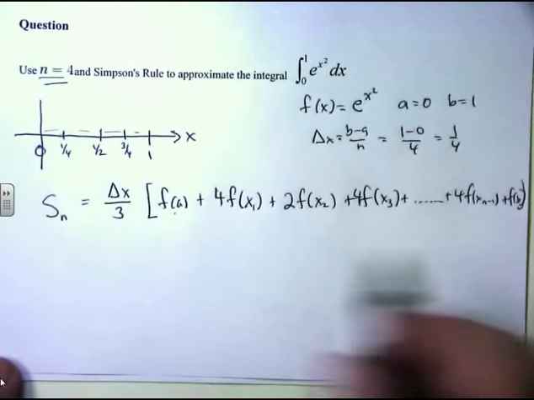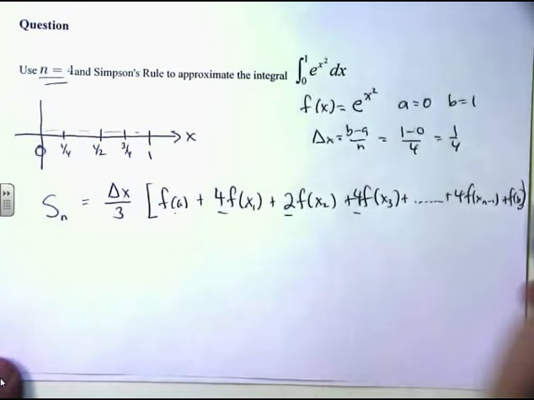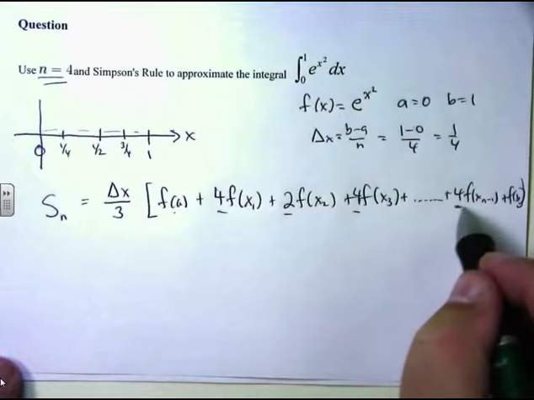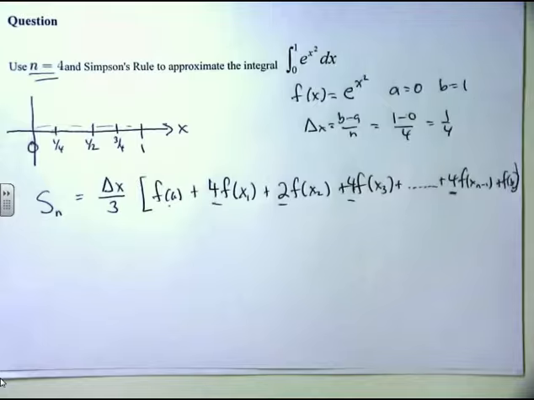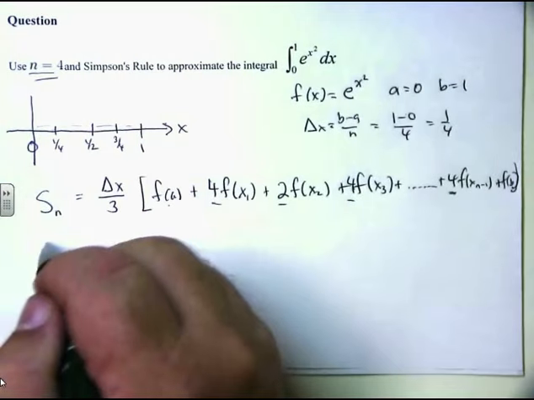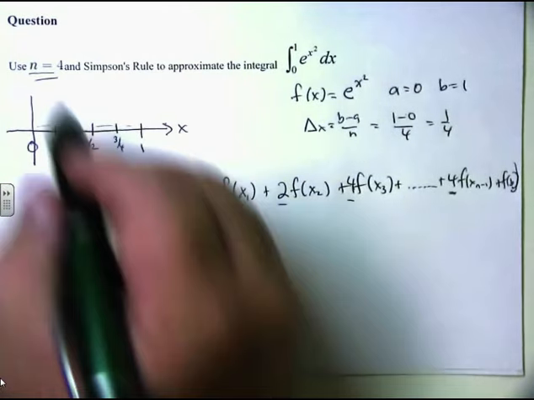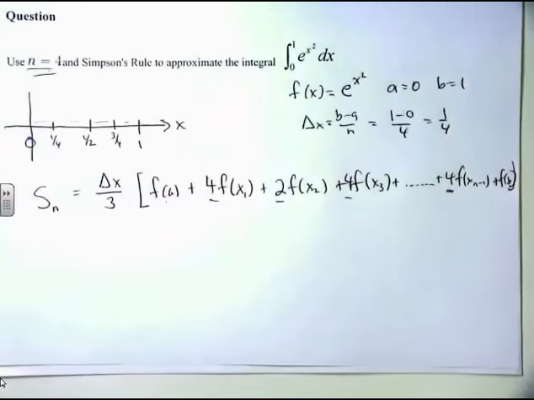That's my formula. It's always 4, 2, 4, 2, but you end up on a 4 on the internal points just before the last endpoint. And remember, n had to be even, but 4 is even, so we're good to go on using Simpson's rule on this one.